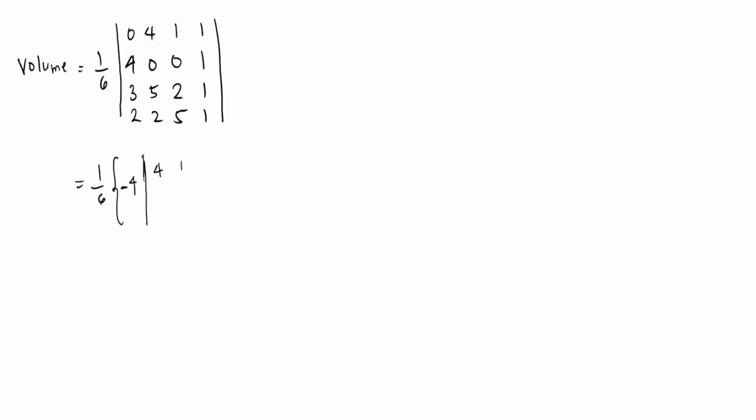So we will have 4, 1, 1, 5, 2, 1, 2, 5, 1. Next, we have here 1, but we have negative, positive, negative, positive. So we have positive 1 there, and then times the remaining entries. So we delete this and this. So we have 0, 4, 1, 3, 5, 2, and then 2, 2, 5.